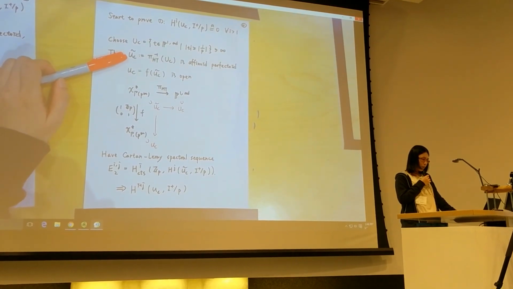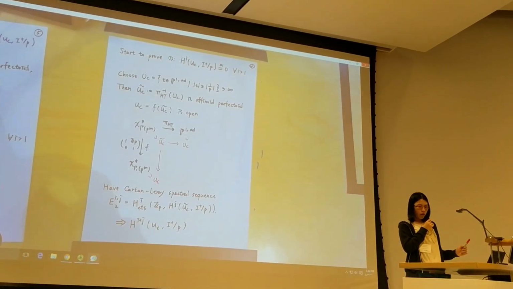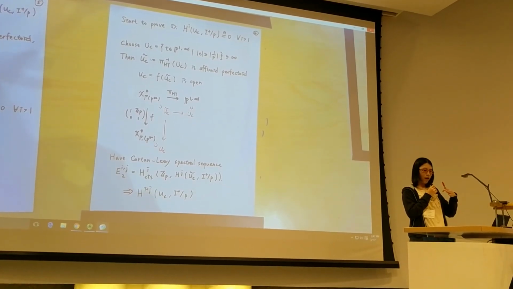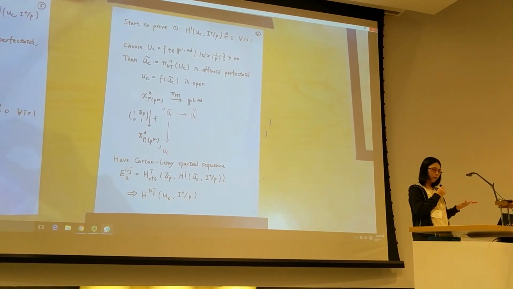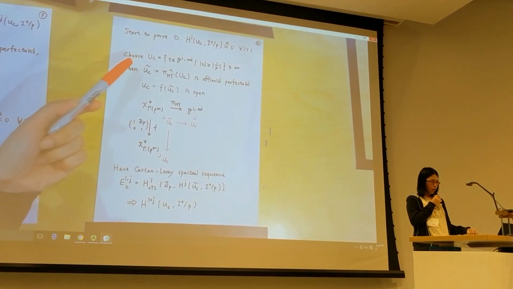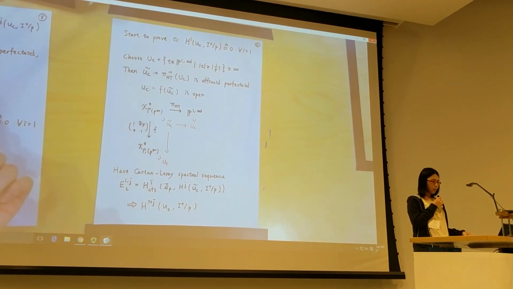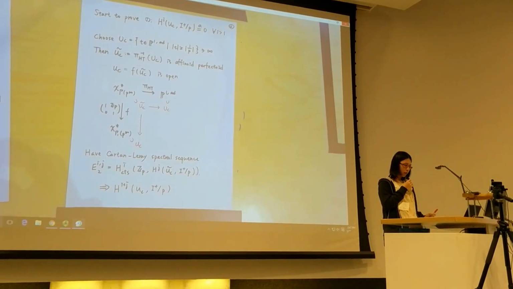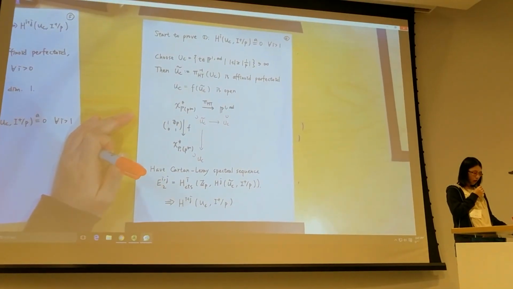Why this is true is because we know that on the P1, if we pull back the part defined by the equator, namely the upper hemisphere, then that would be affinoid perfectoid in the gamma level modular curve. We choose this UC to be a rational subset, so when we pull it back, it will still be a rational subset in the affinoid perfectoid. So in particular, this UC tilde will still be affinoid perfectoid.